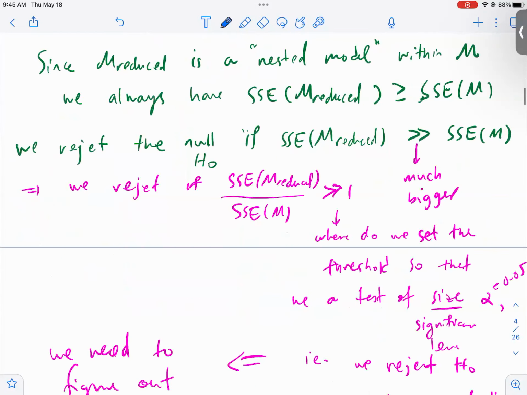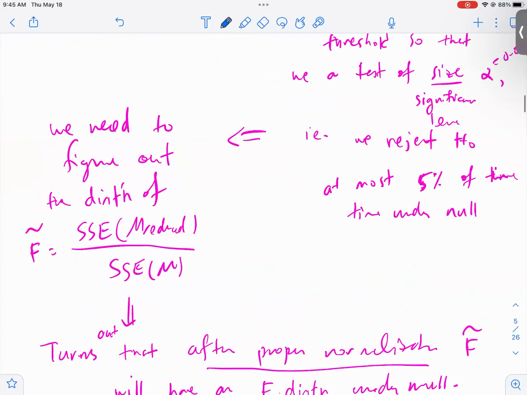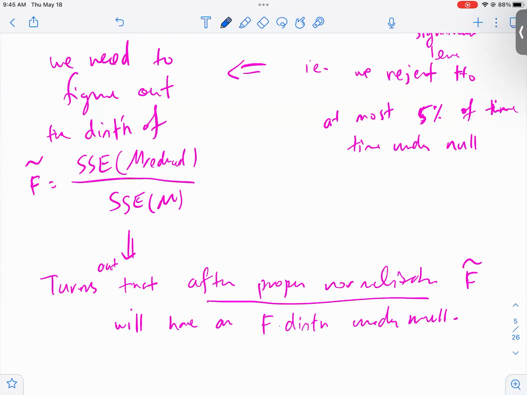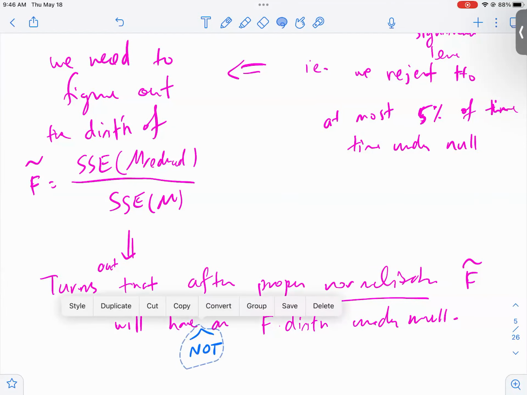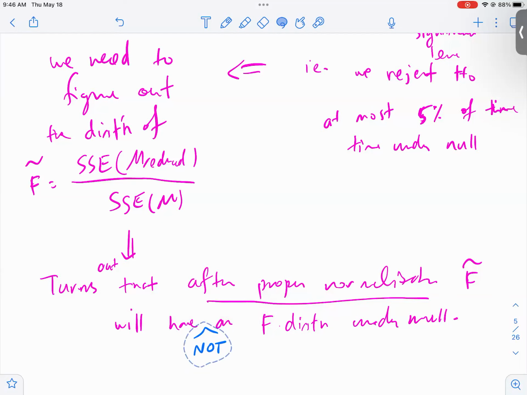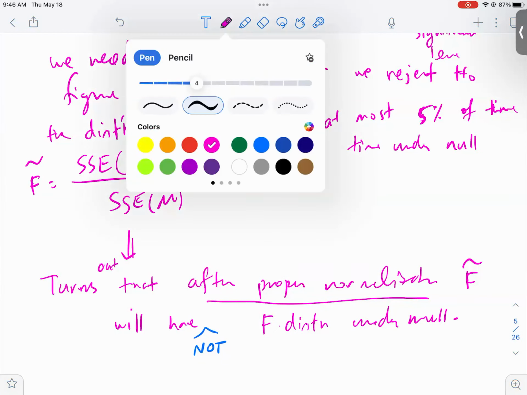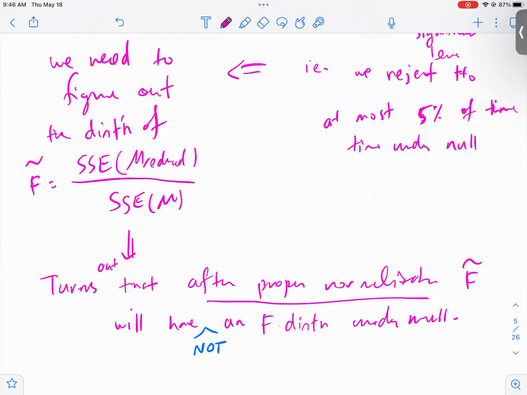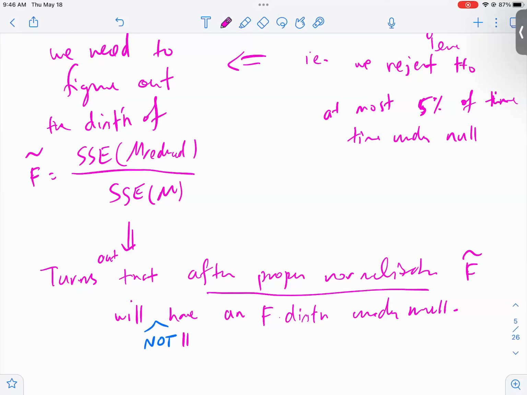But the question is how much bigger, and for that we have to understand the distribution of this. I mentioned that this has an F distribution. This is not correct. If you divide these two, this has a distribution that you can figure out numerically at least, but it will not have an F distribution.